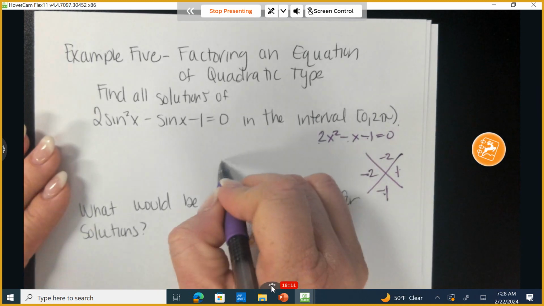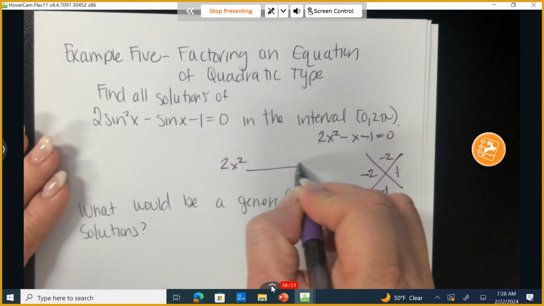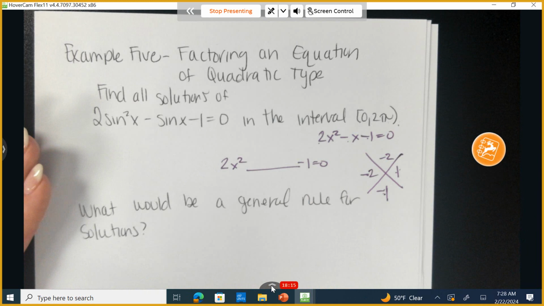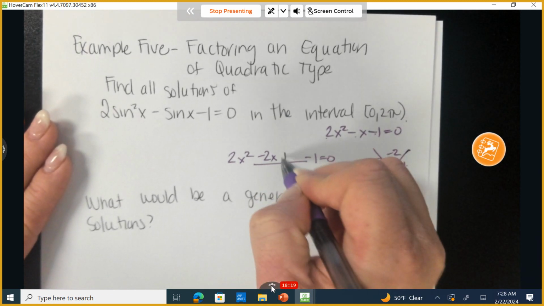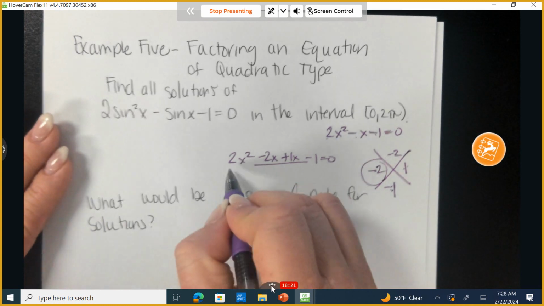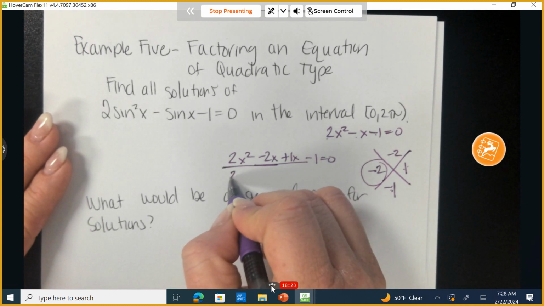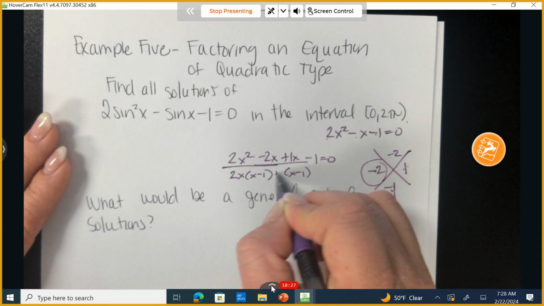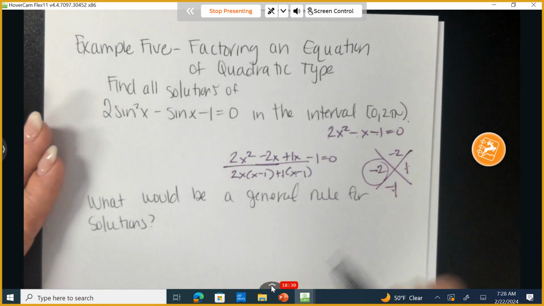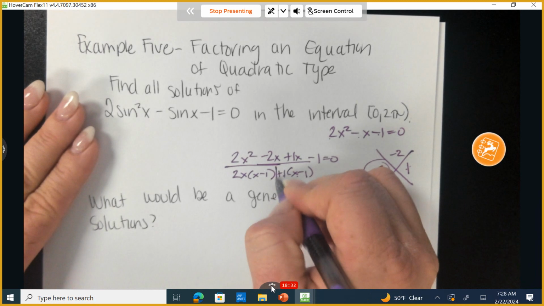So I'm going to come off to the side here, and I'm going to write it down the way many of you preferred learning. So I put this value in, attaching an x, and now I'm going to do factoring by grouping. So I'm going to factor out a 2x. I'm left with x minus 1. Rewrite x minus 1 plus 1. Okay, and when I distribute, I also get the -1. So here we go.